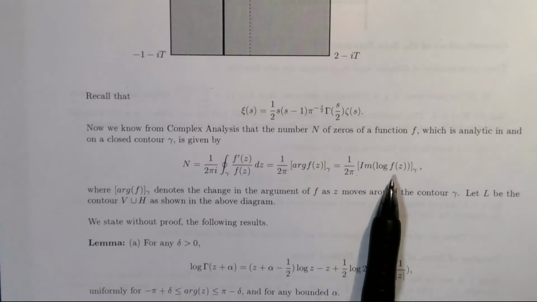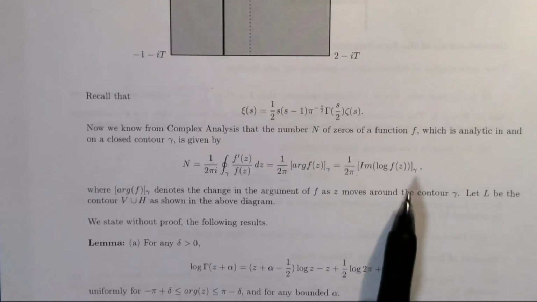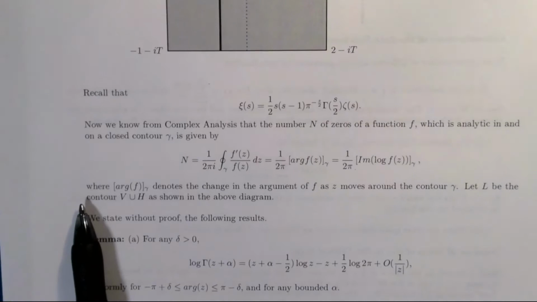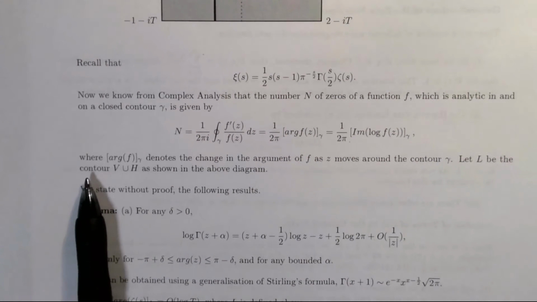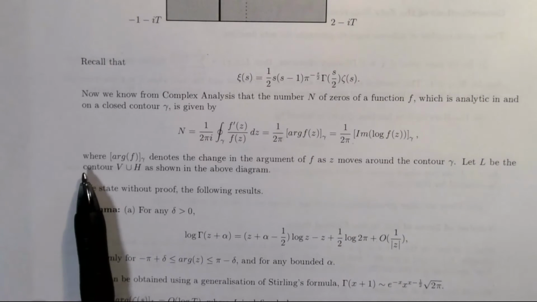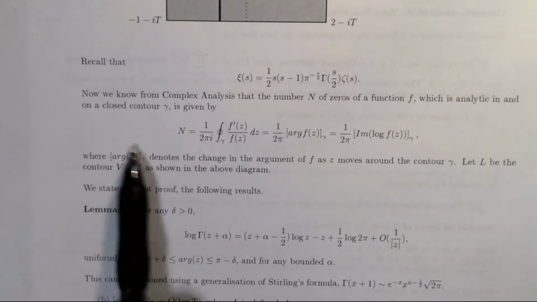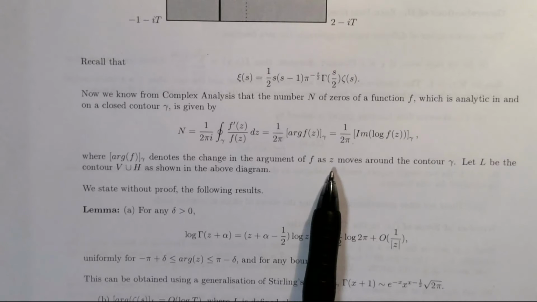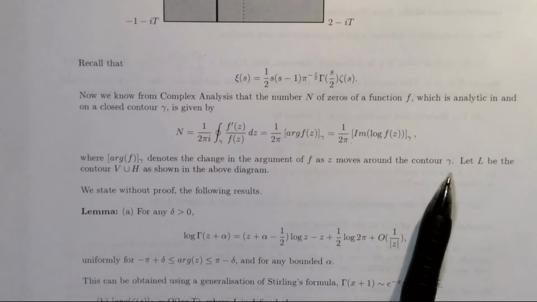It's easy to show these are equal. Okay, so that's just a result from complex analysis. If you've not seen that before, you can look that up in most books on complex analysis. So this notation denotes the change in the argument of f as z moves around the contour gamma.